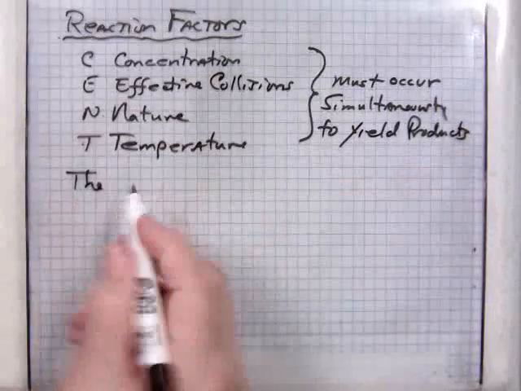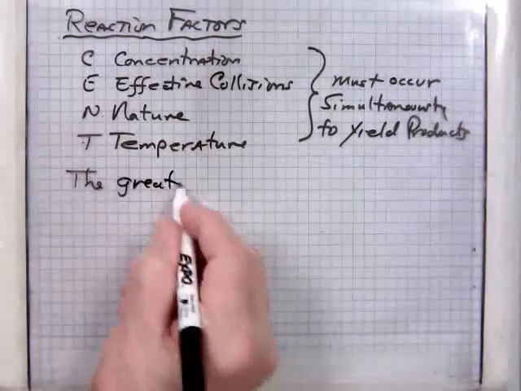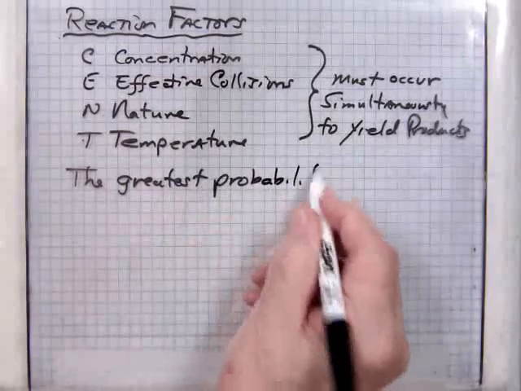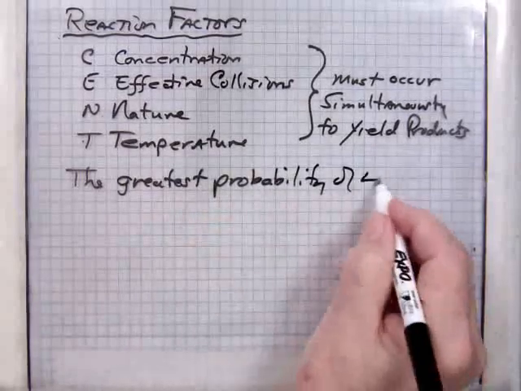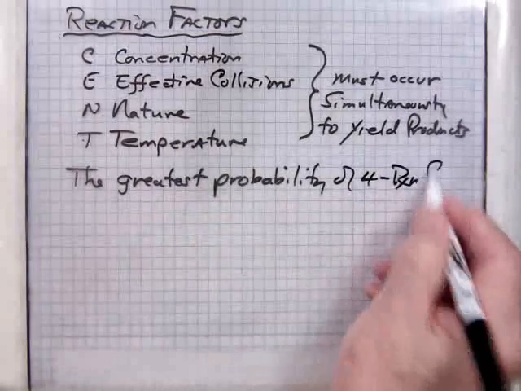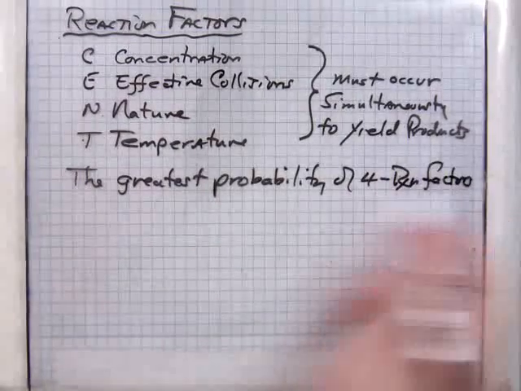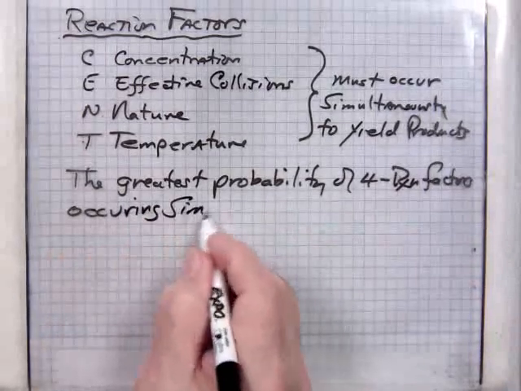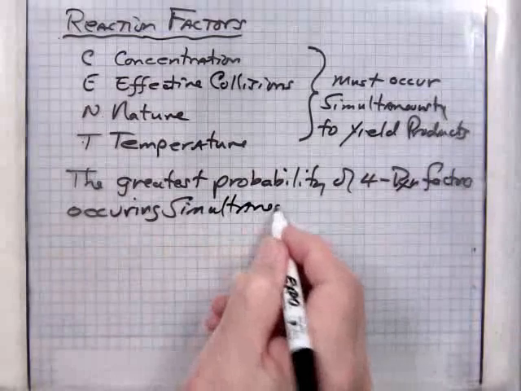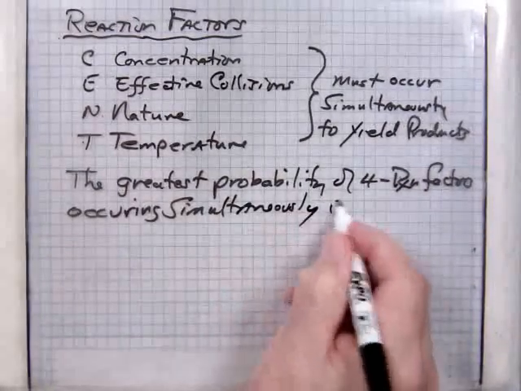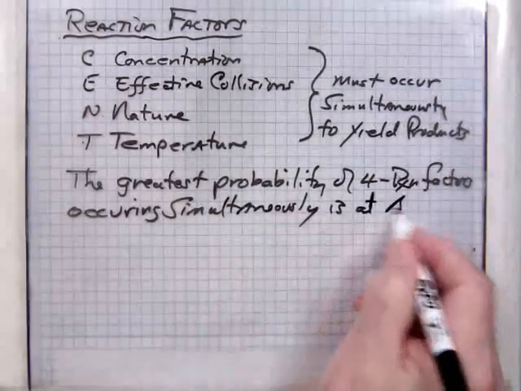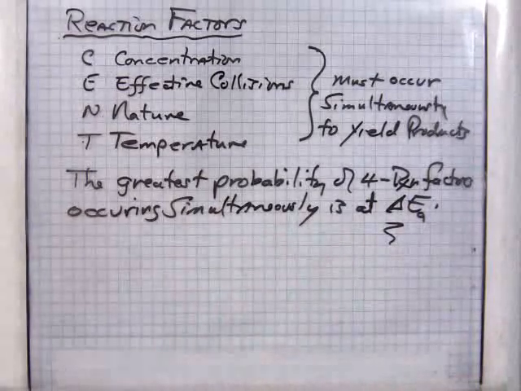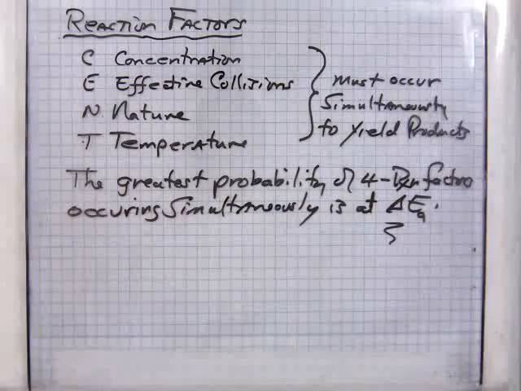And like I said, the greatest probability of four reaction factors occurring simultaneously is at the activation energy in the Boltzmann distribution curve, as we've shown you before.